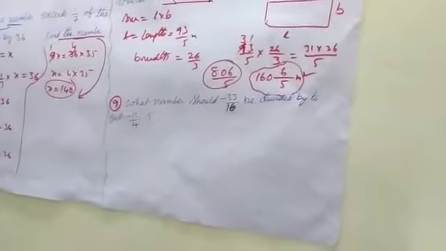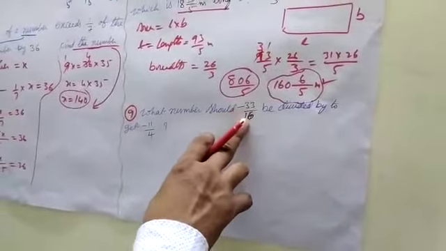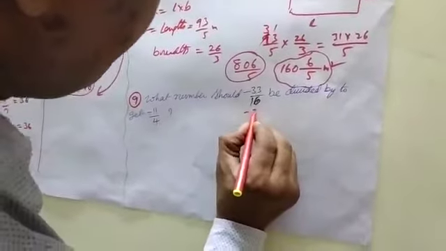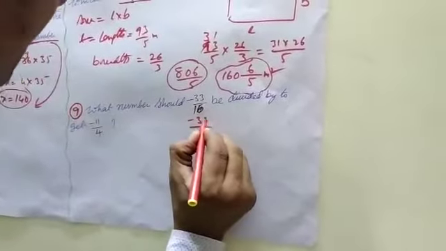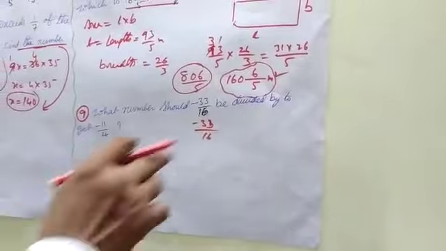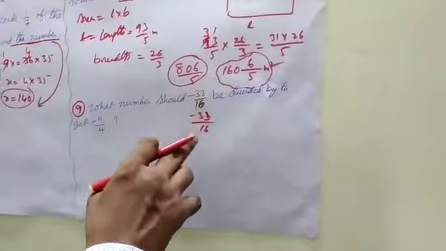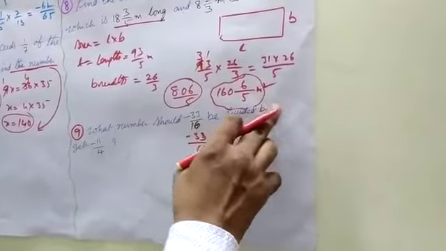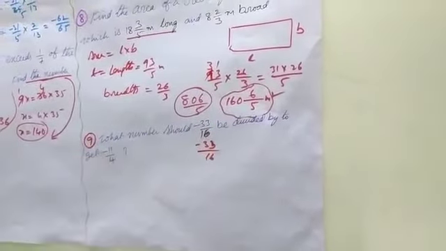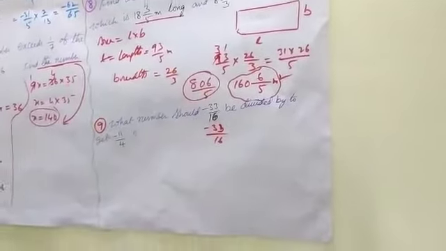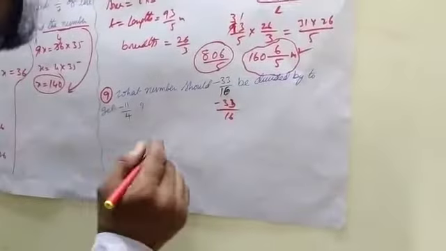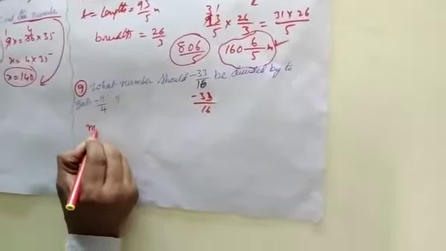What number should minus 33 divided by 16 be divided by to get minus 11 by 4? What number should be divided?